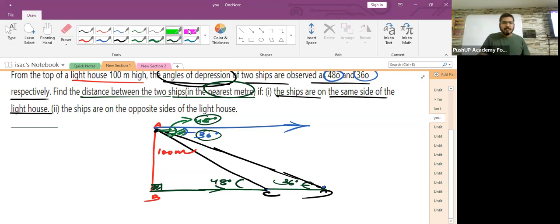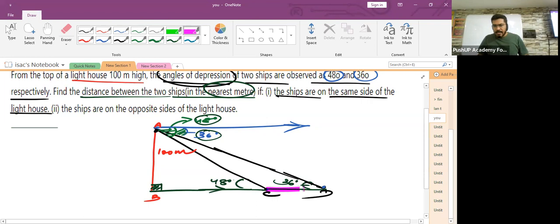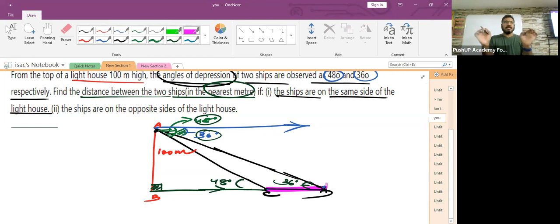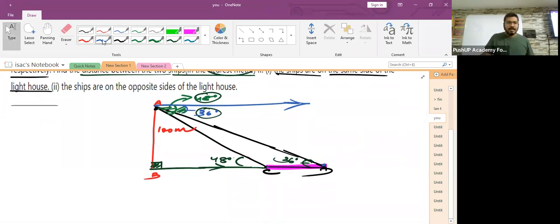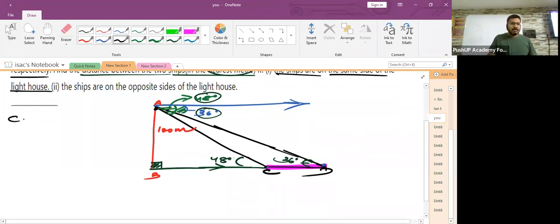So what is the distance between the two ships? I think it is the value of CD, isn't it? C is the first ship, D is the second ship. If you are asked to find the distance between the two ships, you have to get the value of CD. And how can you get the value of CD? That is quite easy. Children, the value of CD can be found by subtracting BC from the whole of BD.